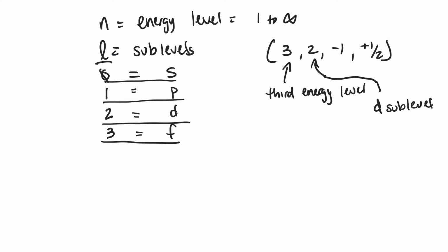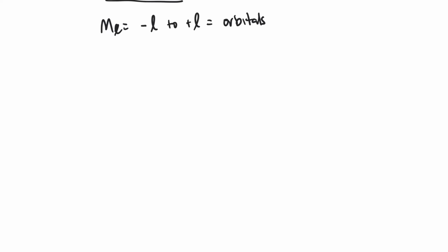That's how you will interpret this. Now, M sub L, if you recall, has values based off of -L to +L, and it talks about the orbitals. If you recall, let's list out our sublevels and the number of orbitals.